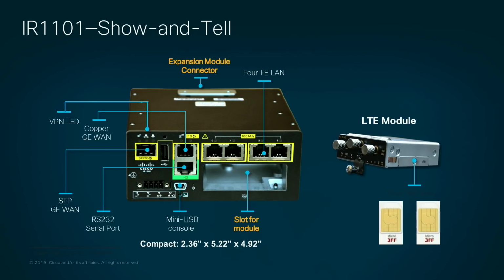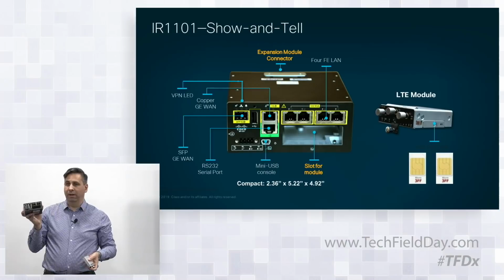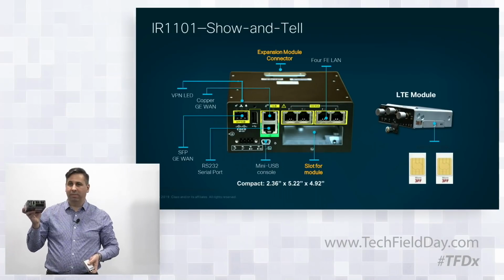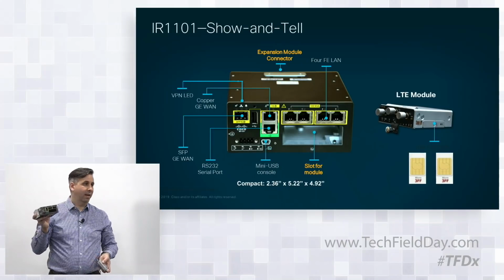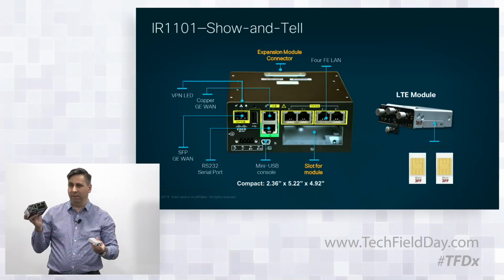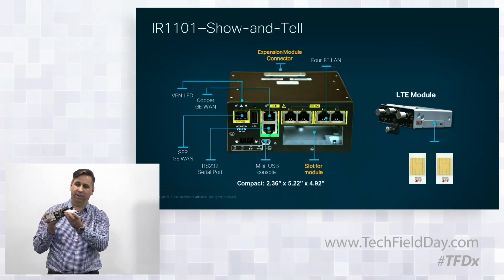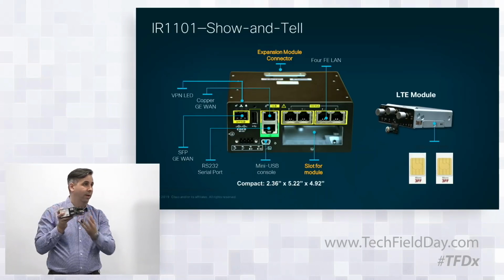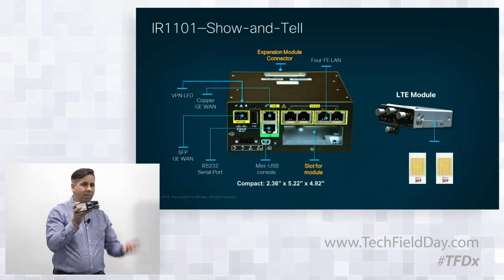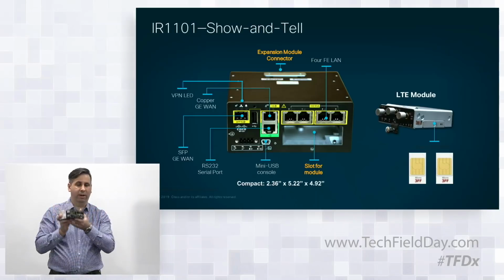And then I have modules, like if I want to hot swap a module, maybe I need 3G. Swap, it could be copper WAN module, it could be fiber WAN module, it could be DSL WAN module, all of the standard WAN modules that you have, but you could have 3G, or maybe you want 4G, you swap that out. Maybe when you're ready for 5G, same. Just a hot swap module, there you go.